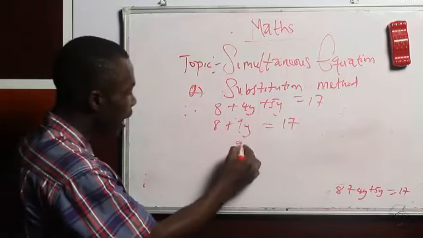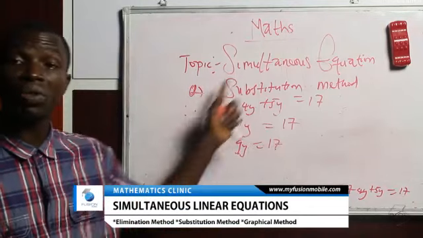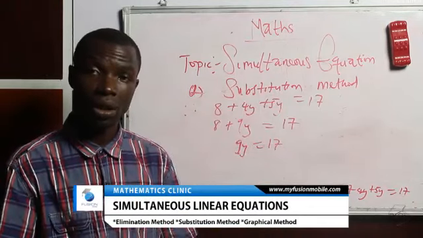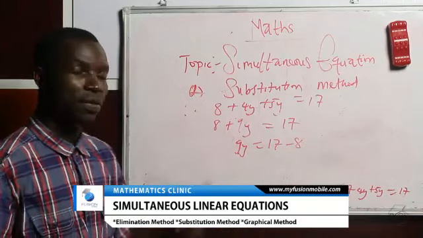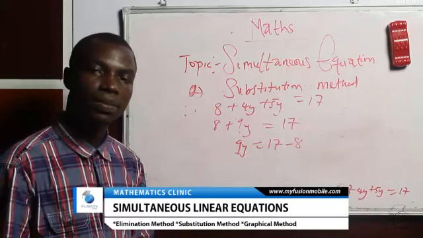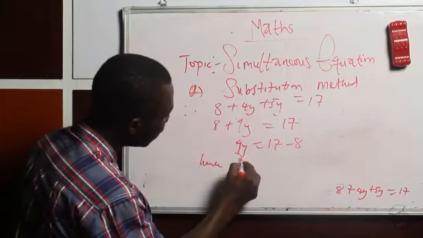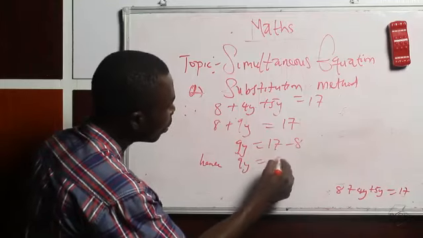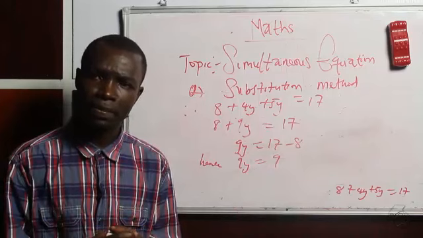Now, 9y equal to 17 minus 8, because the 8 is positive here, and when it crosses the equality sign, it turns to negative. Hence, 9y is equal to 9. 17 minus 8 will give us 9.